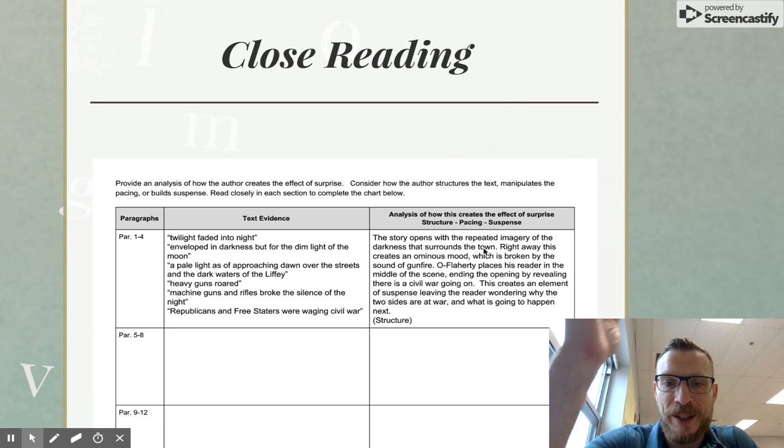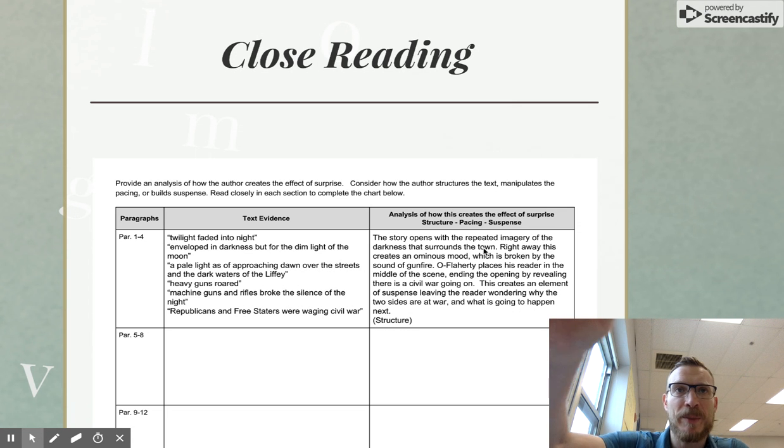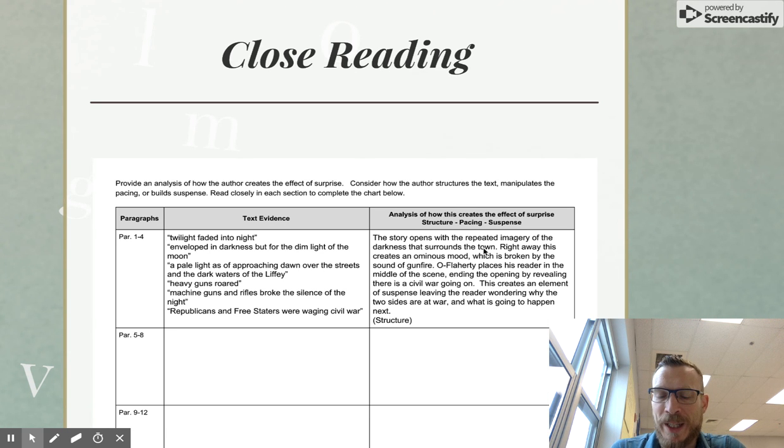Here I talked about how the opening starts with a laying of a dark scene, but then it's cut with gunfire, right? And so how does the author reveal information? Think about that when you're thinking about structure. And then think about some of those ideas around suspense that we talked about for movies, but translating them to books. This is a very descriptive scene that you could almost imagine in your head, so visualization will help you with this.